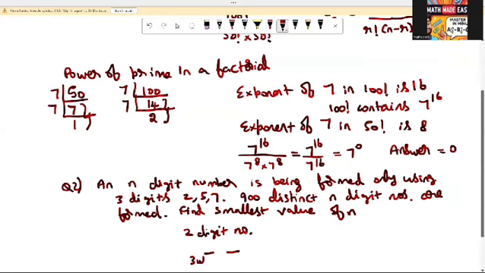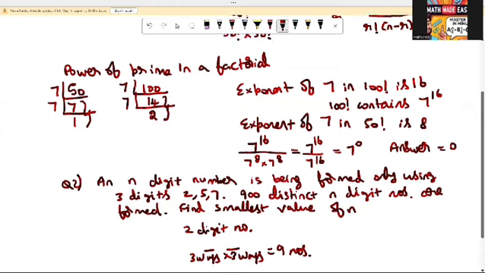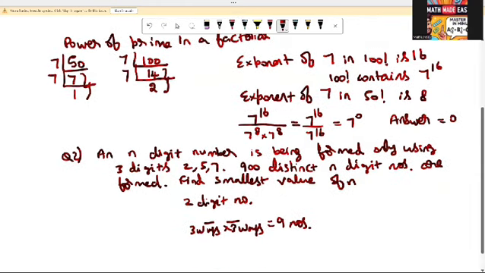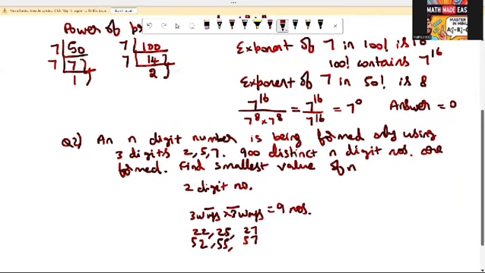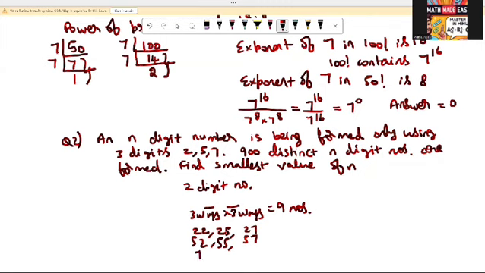If you write 2-digit numbers, for each of the tens digit and the ones digit, you have 3 options: 2, 5 or 7. So 3 into 3 makes 9. There will be only 9 numbers possible: 22, 25, 27, 52, 55, 57, followed by 72, 75, 77.